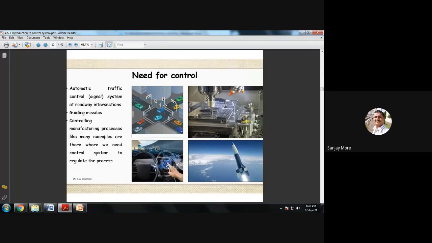They are also known as driverless cars. Then this diagram displays the guiding of missiles. Also the manufacturing process is totally based on robotics. Manpower is totally reduced and automation is introduced. So that's why, where automation is used, a control system is required to regulate or maintain the total process. Control system is required.